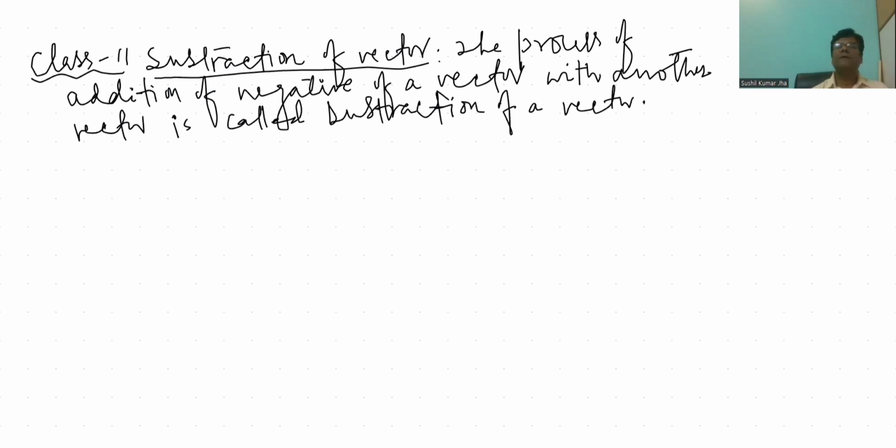So, what I have written: the process of addition of negative of a vector with another vector is called subtraction of a vector. It means what?